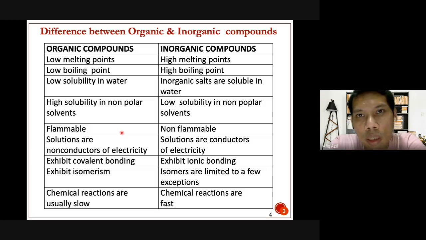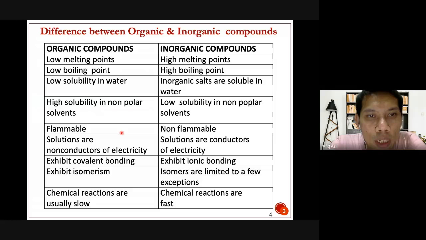If you see any compound like iron sulfate or copper chloride, those are considered inorganic compounds. So when you have metal in the structure of the compound, there's a probability that the melting point or boiling point could be higher.